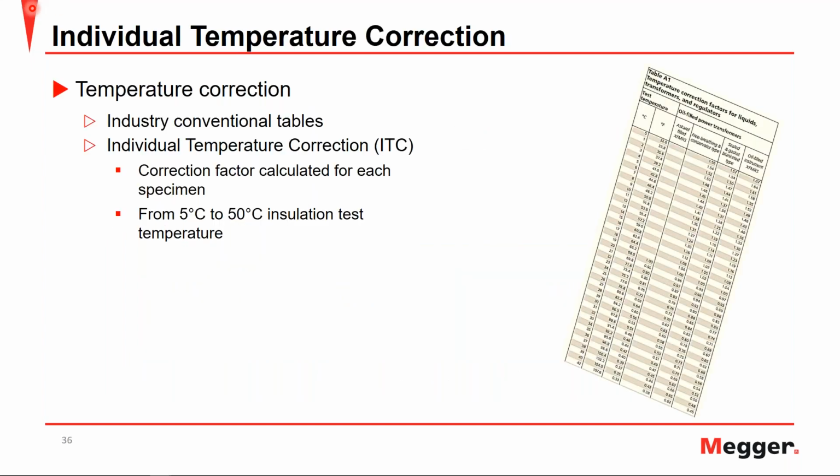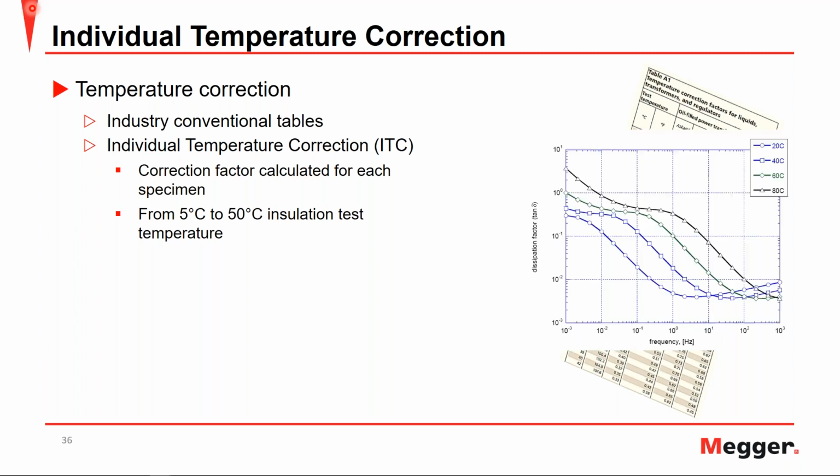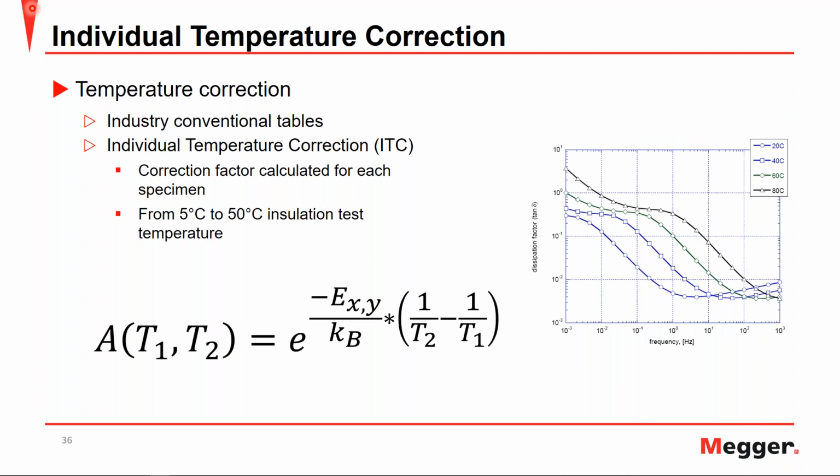Next, let's take a deeper look at the individual temperature correction, or ITC. As we've already stated, the industry used to use conventional correction tables, and those were removed in 2010. Now, what can be used instead is individual temperature correction, as we mentioned before, utilized by the Megger instruments.